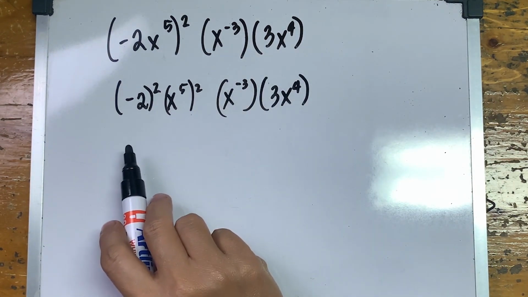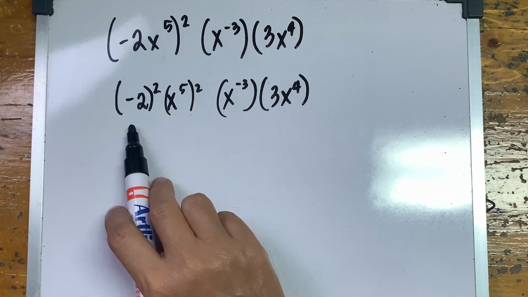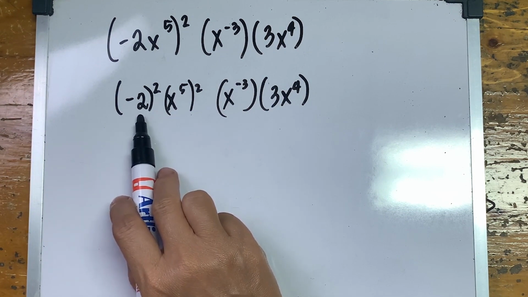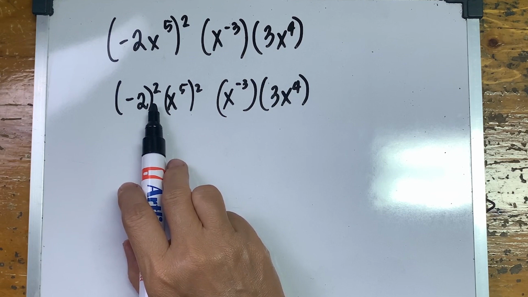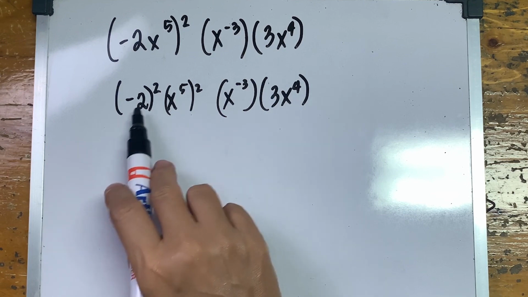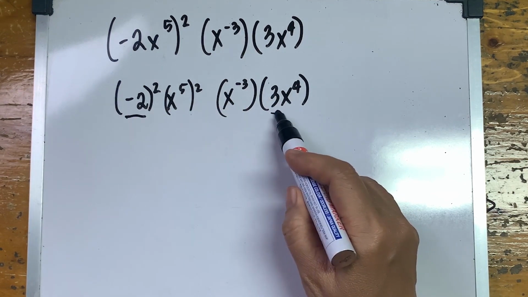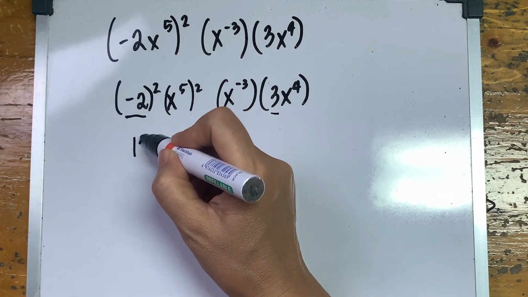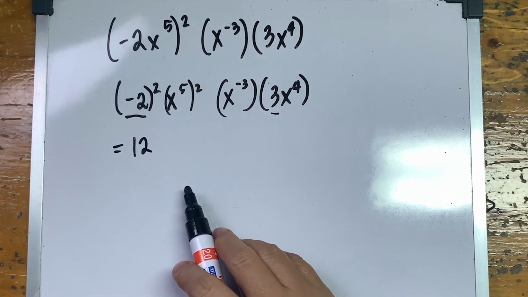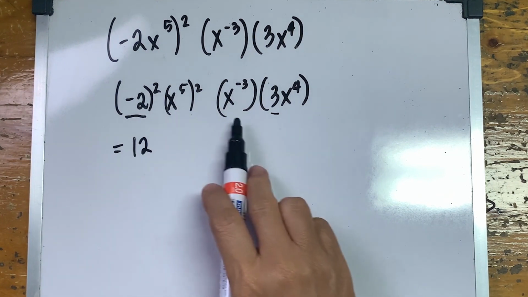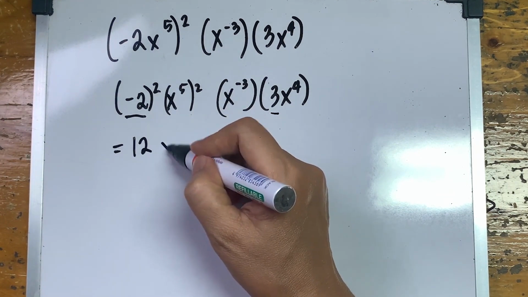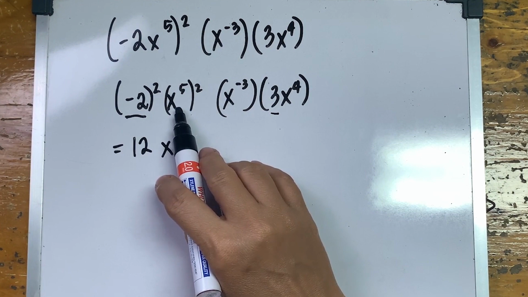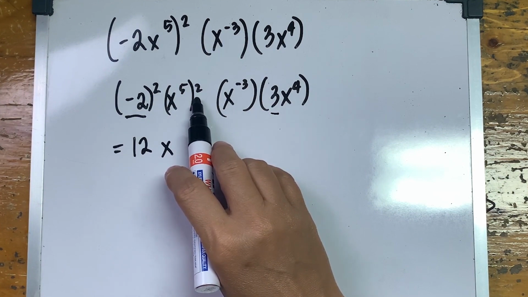Okay, let's work on first with the numerical coefficient. Negative 2 raised to 2 is 4. And we have to multiply this one with 3. So 4 times 3 is 12. And then since we're all working with x's here, this one will give us x to the 10th power.